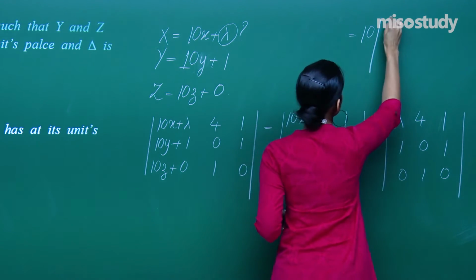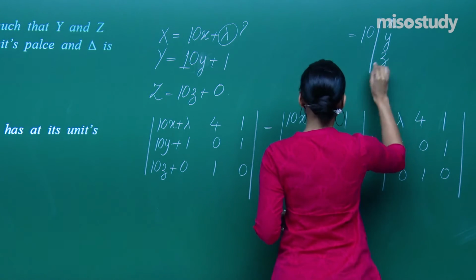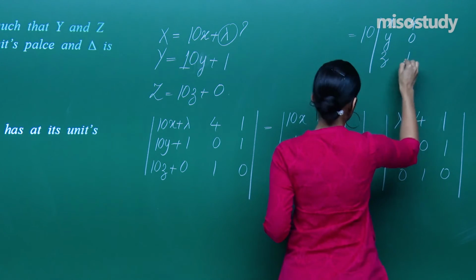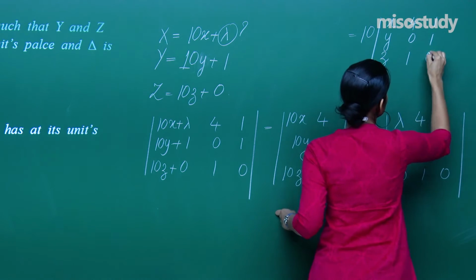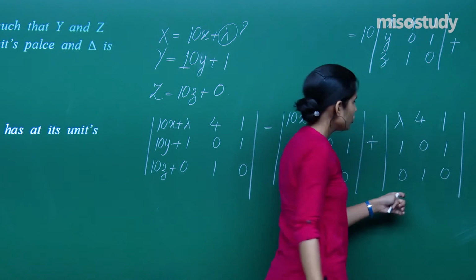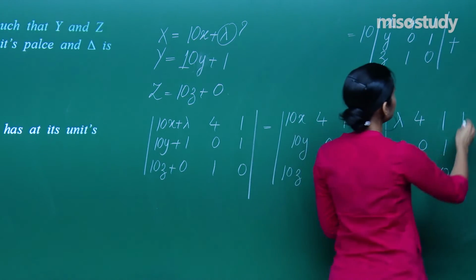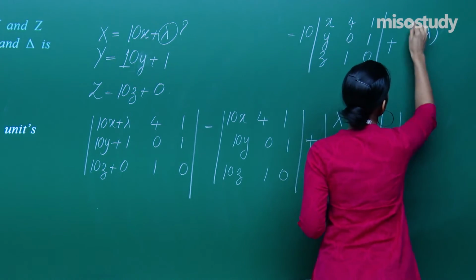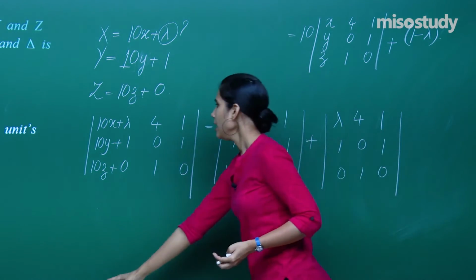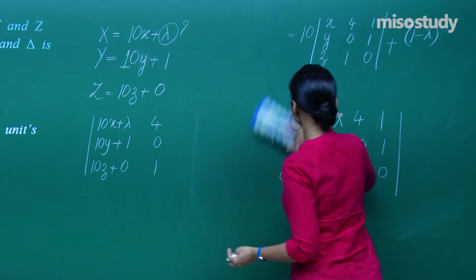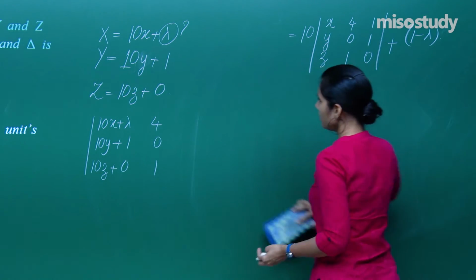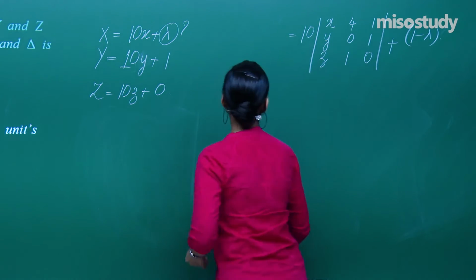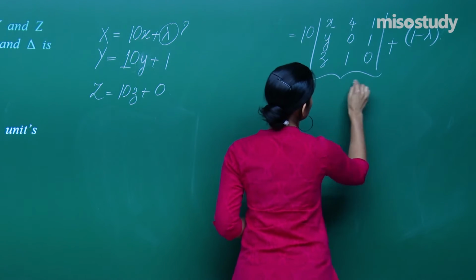I am left with x, y, z, 4, 0, 1, 1, 1, 0 plus, when you evaluate this very easily, you will be getting 1 minus lambda. Now basically I can just think of it as some k.